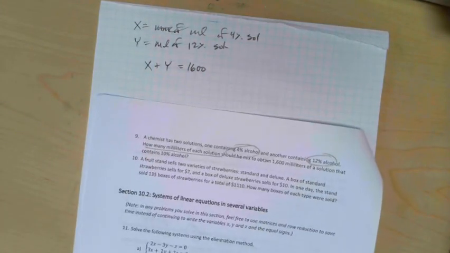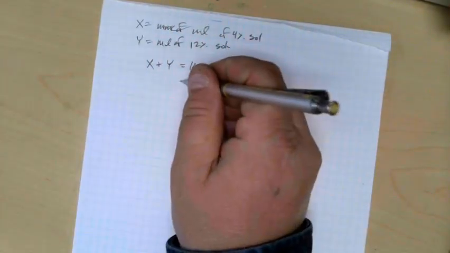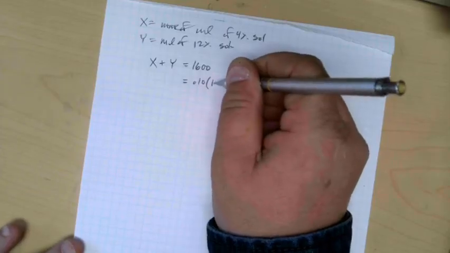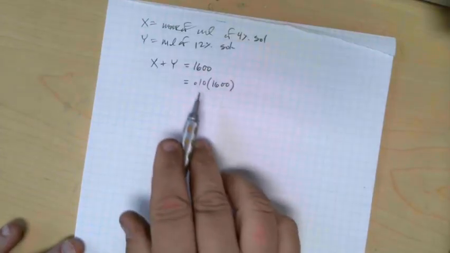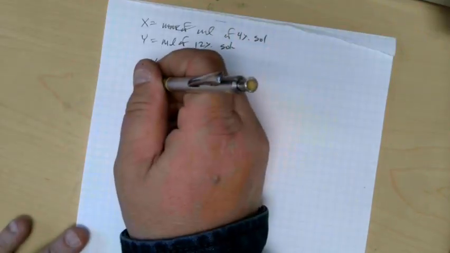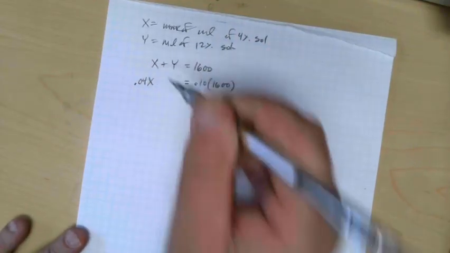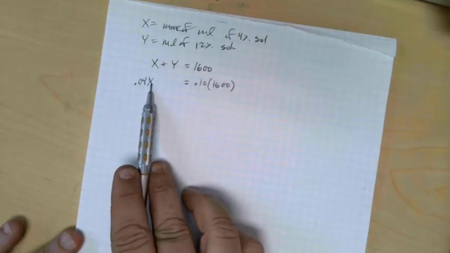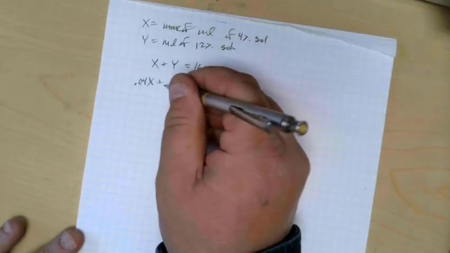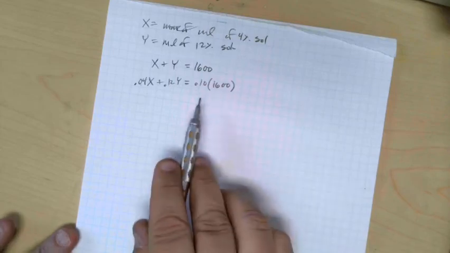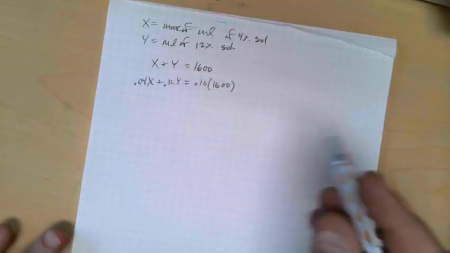Okay, now, if I do 10% alcohol, I can multiply percentage times the amount. That's kind of like a value or a weight times that. And this is 4%. So value or percent times the amount, plus 0.12, the value or percent times the amount, gives me value or percent times the total amount.